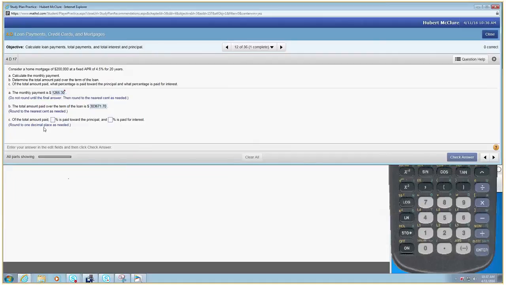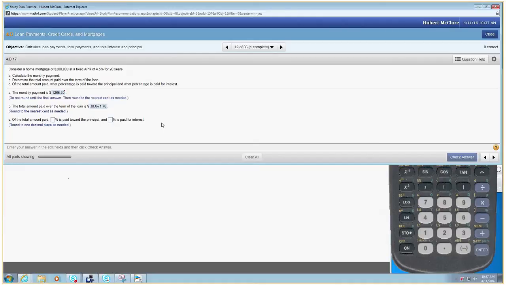Okay, that's 200,000 paid toward the principal, and I've subtracted it. 103,000 is paid in interest, and then you just put that over the total for the percentage.